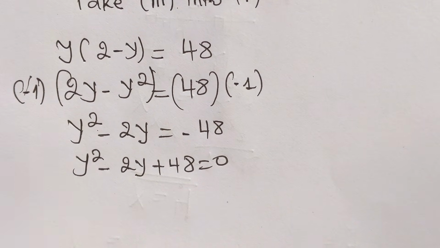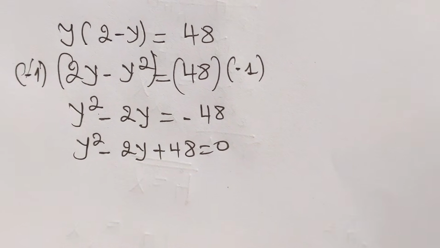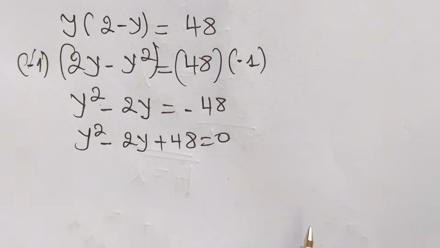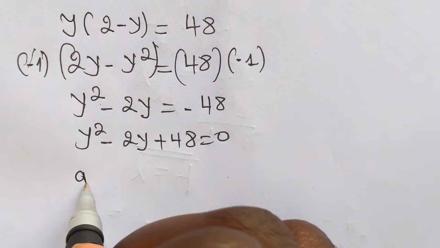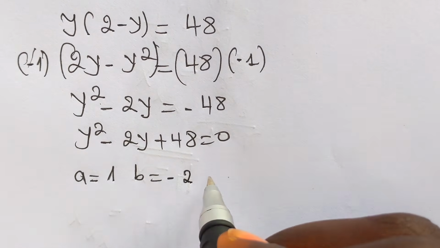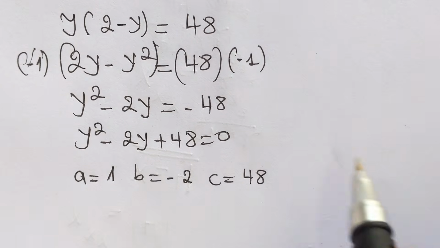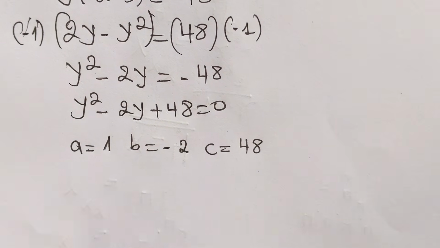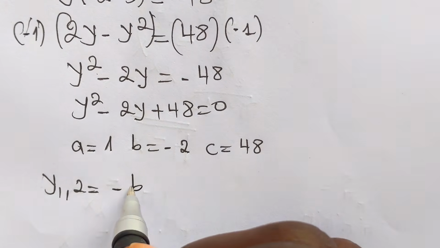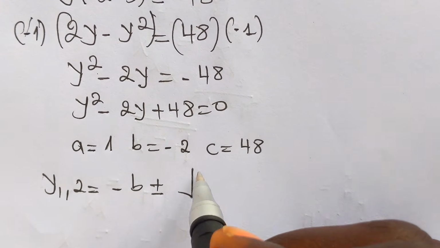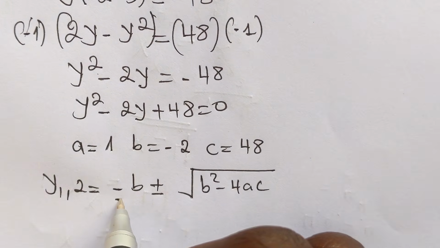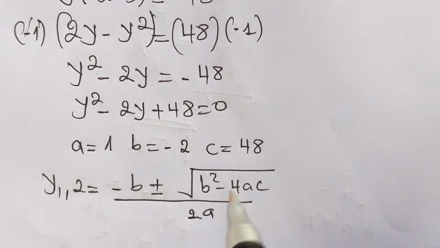And of course, here we have to find the value of y by using the formula method, where a is equal to 1, b equals -2, and c equals 48. And of course, y1 and 2 will be -b plus or minus square root of b squared minus 4ac over 2a.